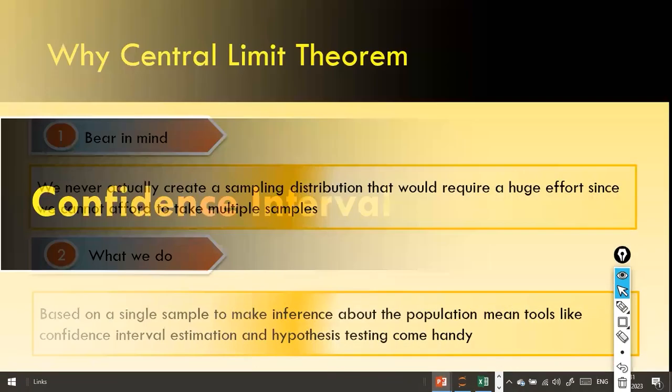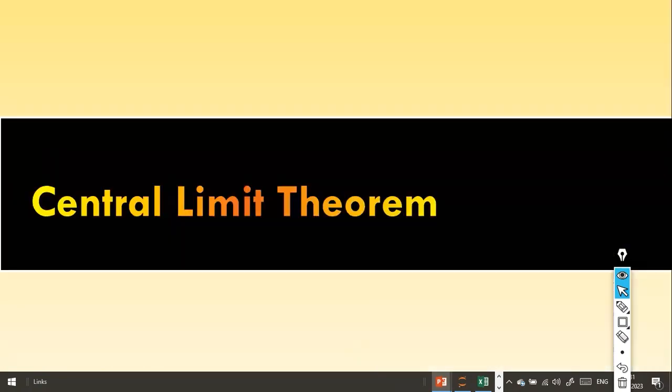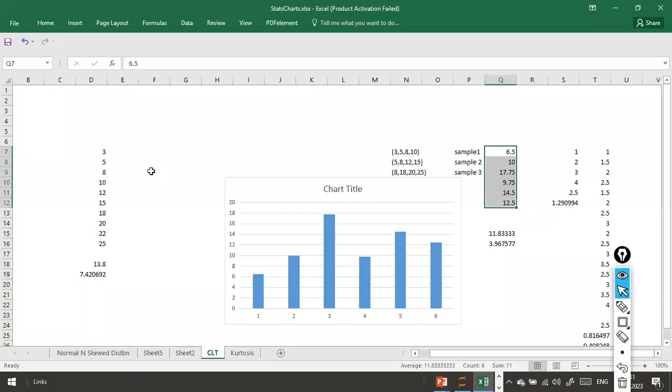Now the question is, why do I need to learn the central limit theorem? In this case, we have drawn many samples. If you look at these 4 values, this is my population.